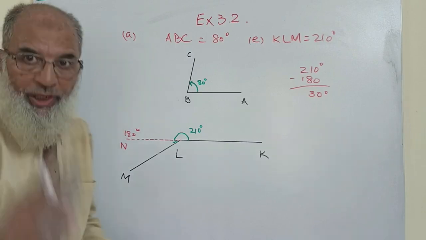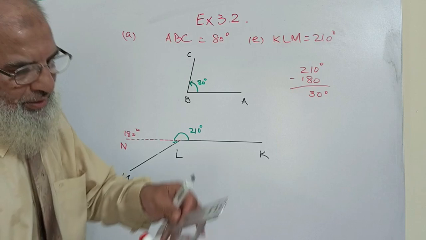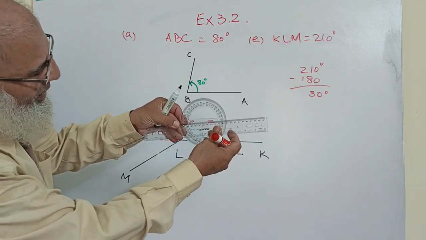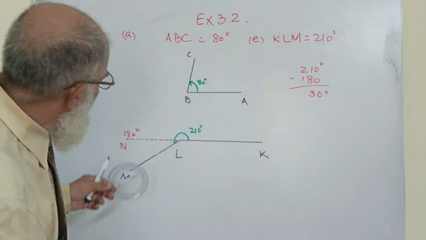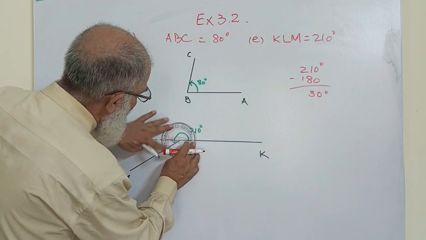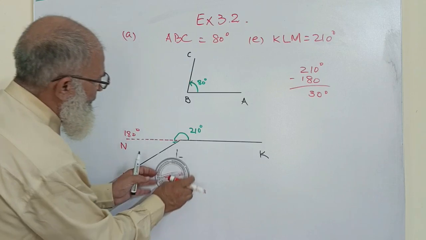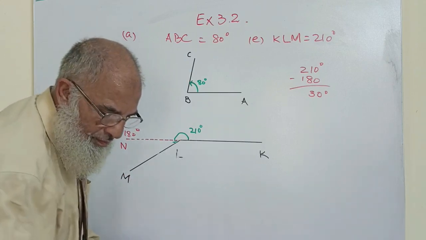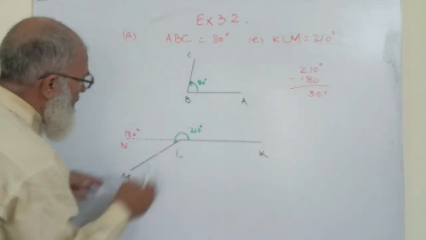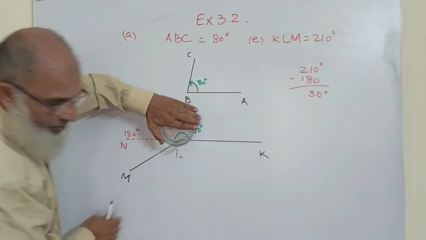Suppose now we don't have the whole protractor, the full one, so this is a half and we are limited to 180 degrees. Now we have 180 degrees over here. What we do, we'll mark 30 degrees from the 180 degree mark by putting the D in reverse like this.